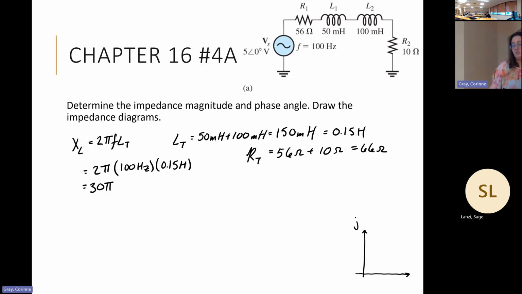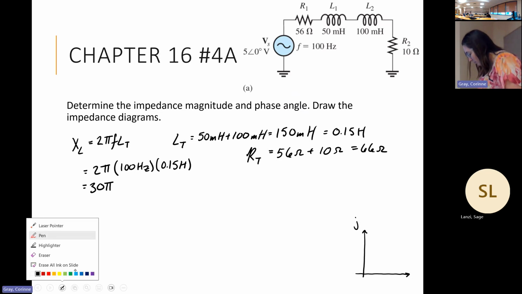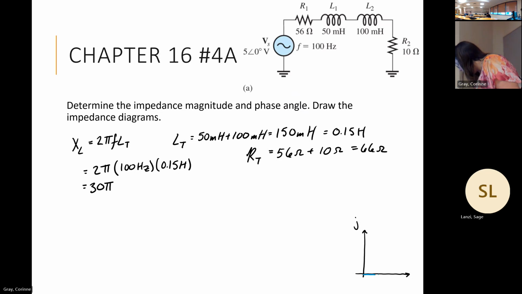We now can draw the impedance diagram, or start drawing it. Along our traditional x-axis, we can draw in that total value, RT.